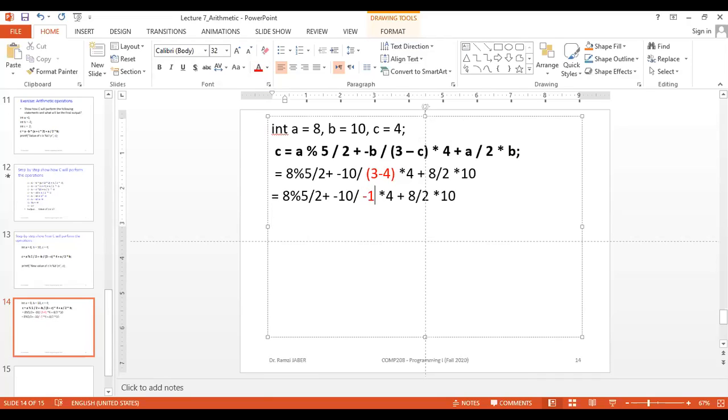minus 1. Now we have modulus, division, plus, division, multiplication, addition, division, multiplication. The highest priority here is modulus, division, and multiplication, from left to right.